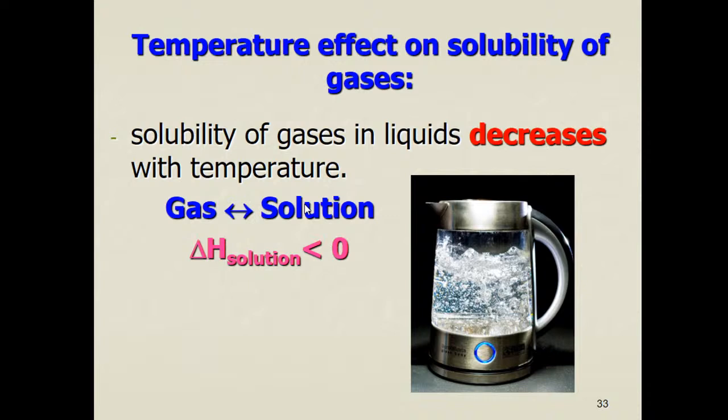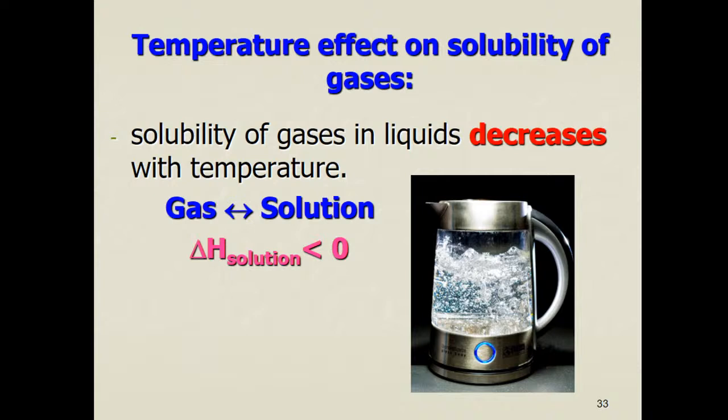As you remember, Le Chatelier's principle states that if temperature increases, the equilibrium shifts to undo the stress, toward the endothermic direction. For gases, dissolving is mostly an exothermic effect, which can be quite weak, almost invisible, but it's mainly exothermic. That's why when we increase the temperature, the equilibrium shifts backward to undo the stress, and gas solubility decreases with temperature.